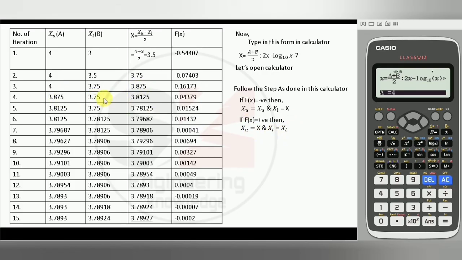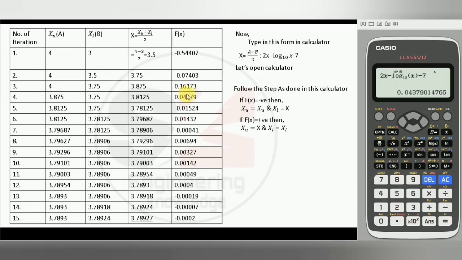So let's change the value of a, that is the upper limit value xu, that is we have to write this value 3.875, and after this we have to write this value 3.75, and press equal to, then it will show this value, then press equal to, then it will show this value.